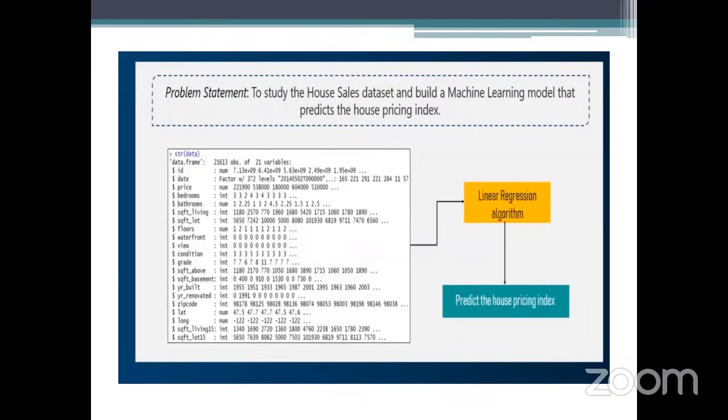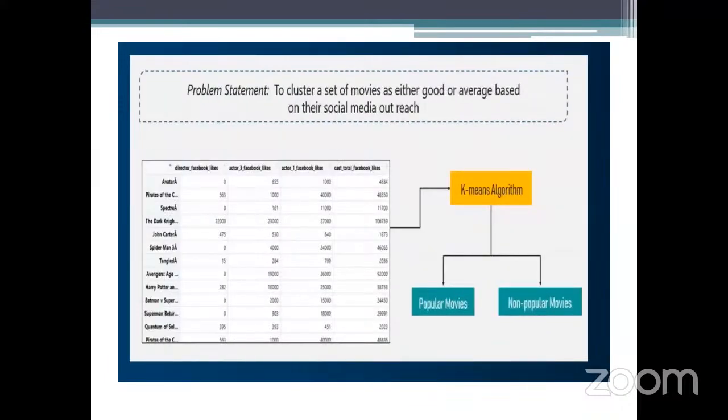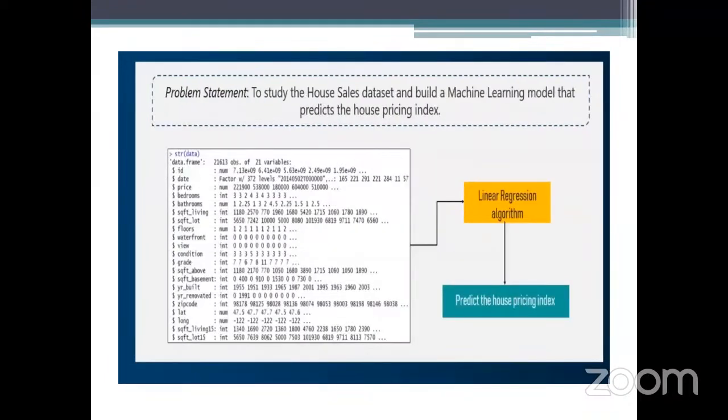Let's look at the next problem. Here you have to study a bank credit data set and make a decision about whether to approve a loan for an applicant based on the profile.